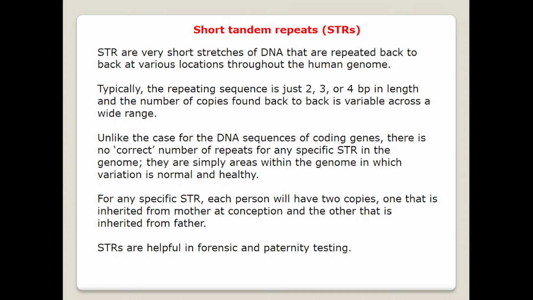Unlike the DNA sequences of coding genes, there is no correct number of repeats for any specific short tandem repeat in the genome. They are simply areas within the genome in which variation is normal and healthy. For any specific short tandem repeat, each person will have 2 copies: one inherited from the mother and the other inherited from the father.